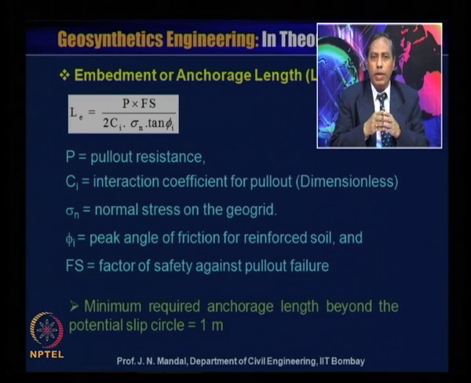LE is equal to P into Fs divided by 2 Ci into sigma n tan phi i, where P is the pullout resistance, Ci is the interaction coefficient for pullout, which is dimensionless, sigma n is the normal stress on the geogrid reinforcement, phi i is the peak angle of friction for reinforced soil, and Fs is the factor of safety against pullout failure.